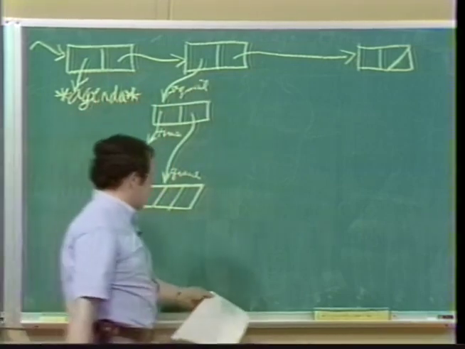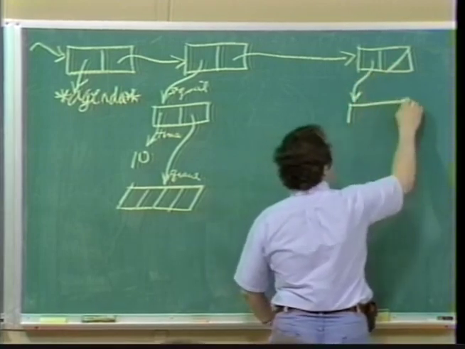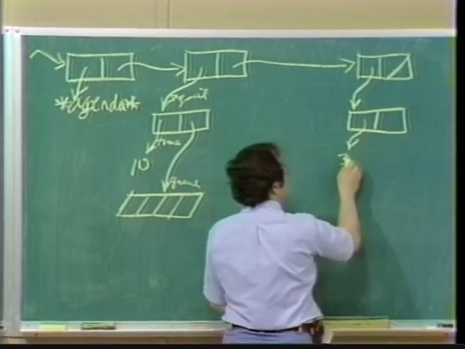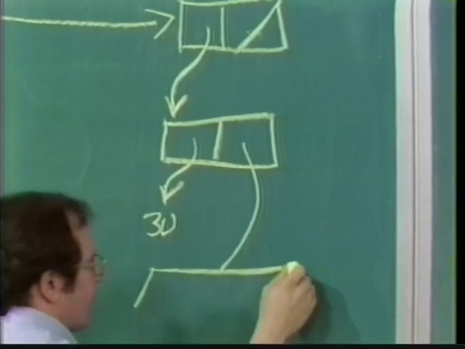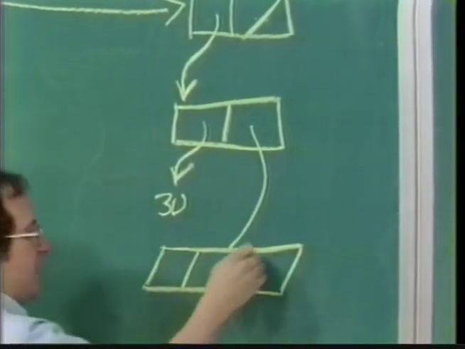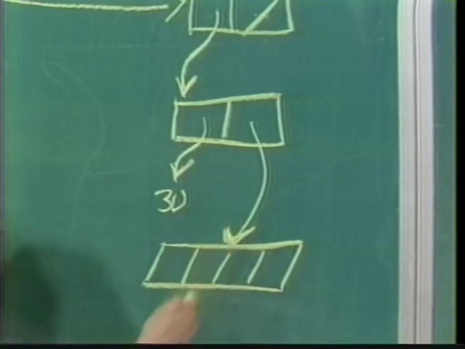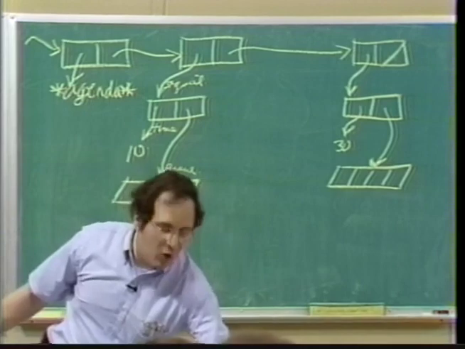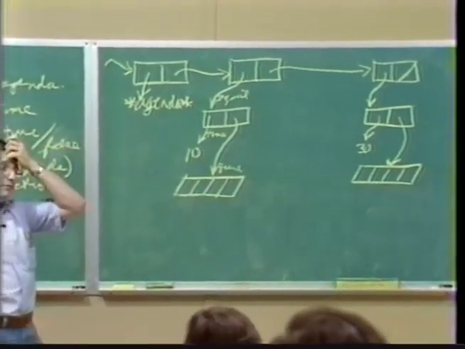Now I may have another segment in this agenda. Supposing this is stuff that happens at time 30. It has, of course, another queue of things that are queued up to be done at time 30. Well, there are various things I have to be able to do to an agenda. Supposing I want to add to an agenda another thing to be done at time 10.